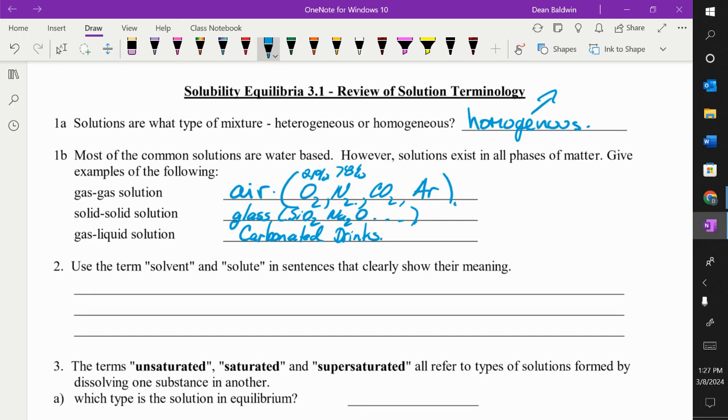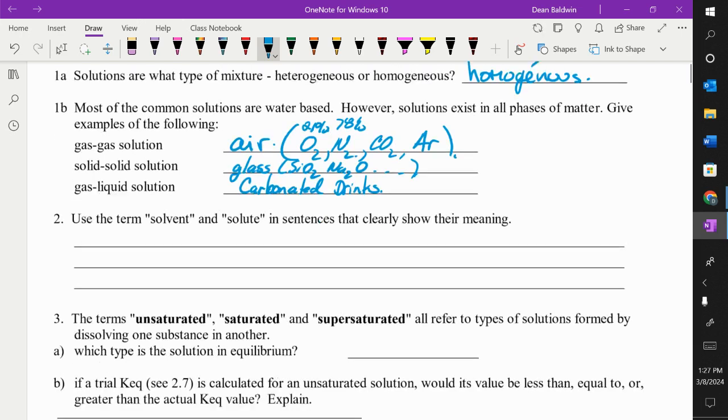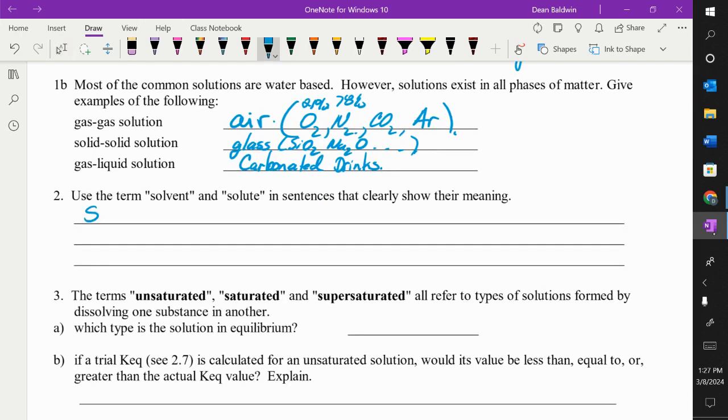All right. What if I said solvent and solute? Which is which? What do they mean? What's the solvent? It does the dissolving essentially.